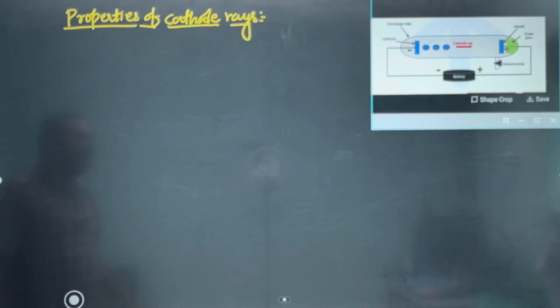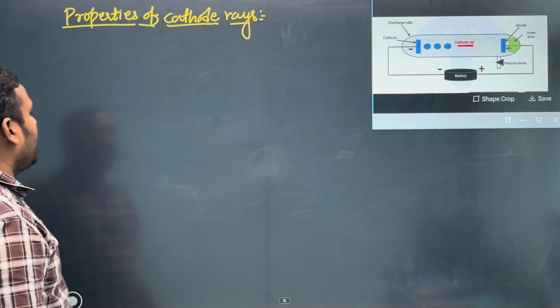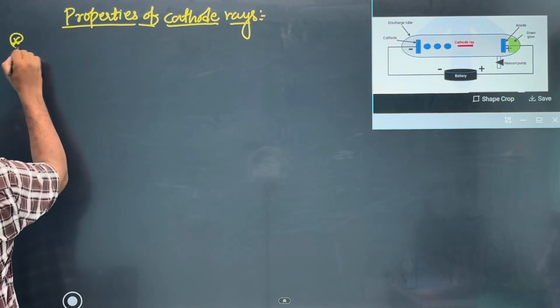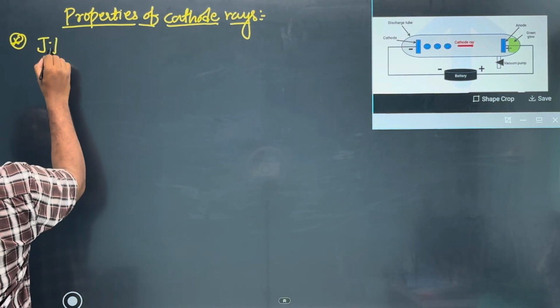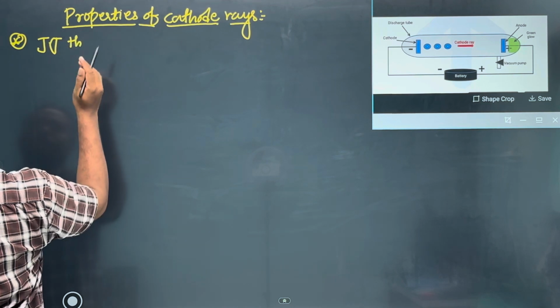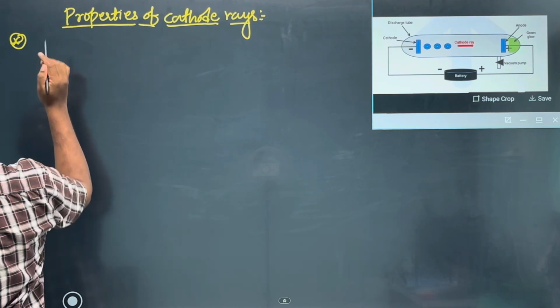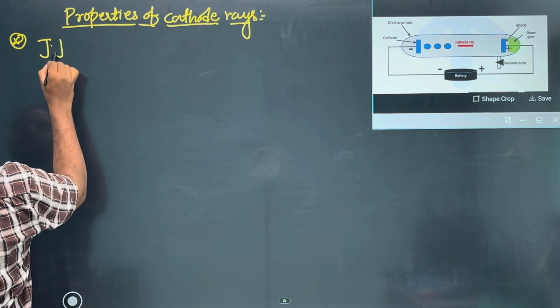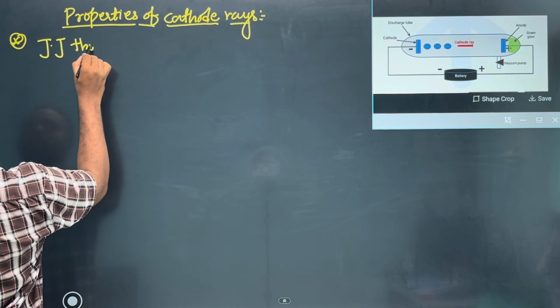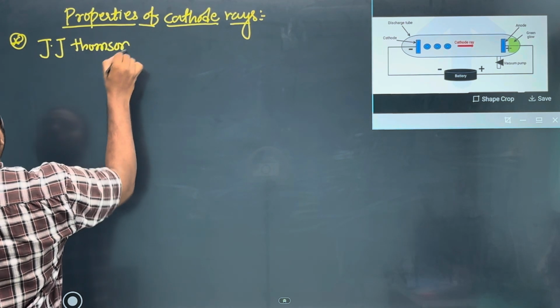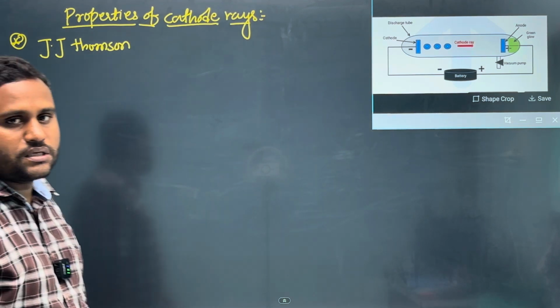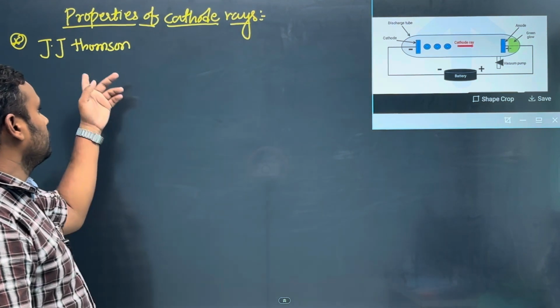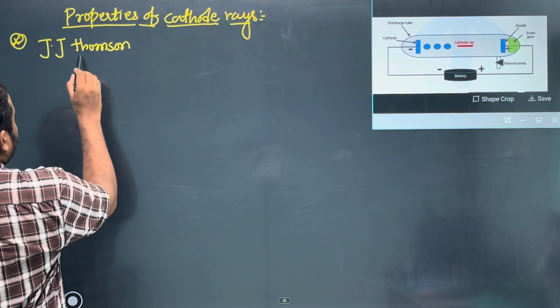Cathode rays travel in a straight line. The properties of cathode rays were studied by J.J. Thomson. He explained the properties of cathode rays.